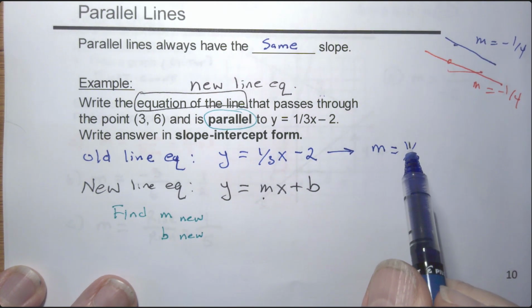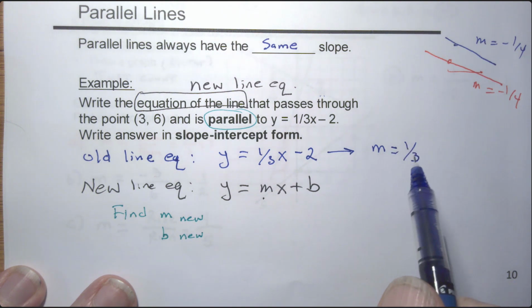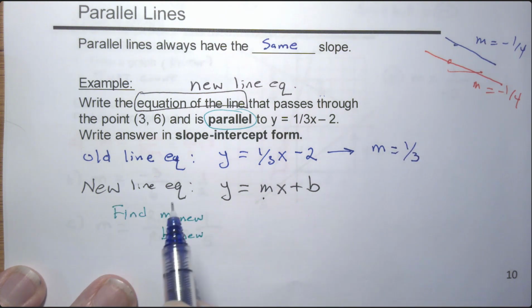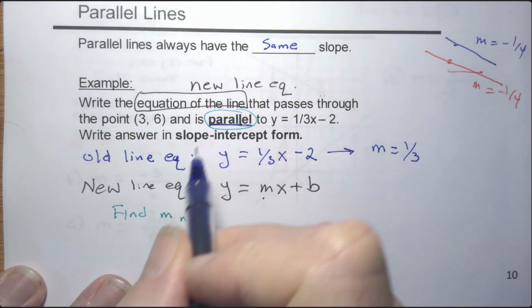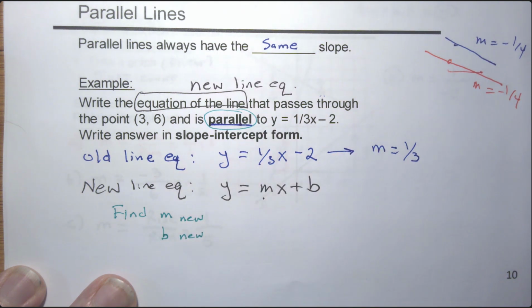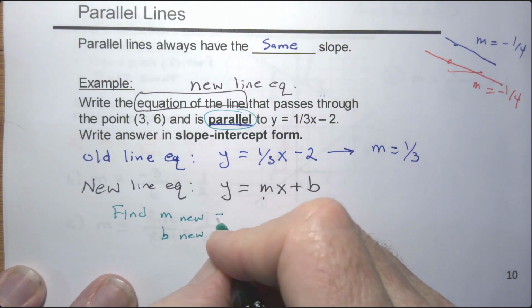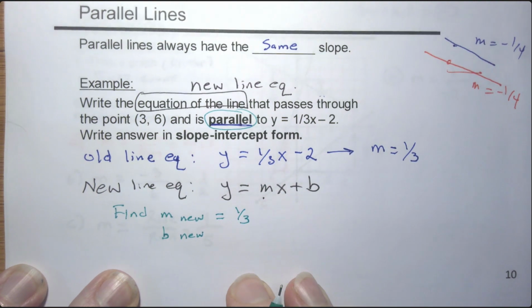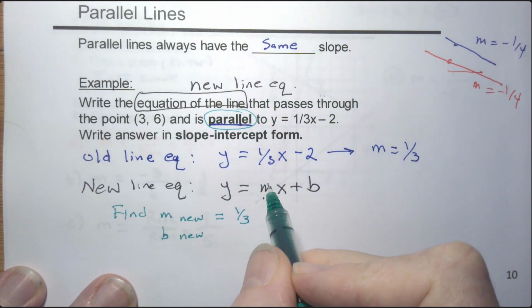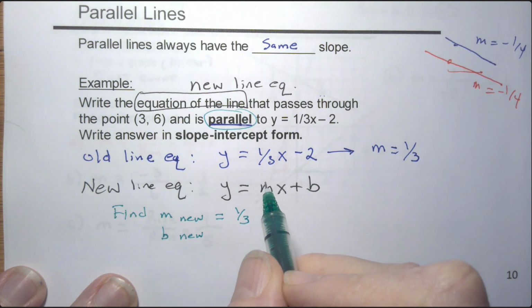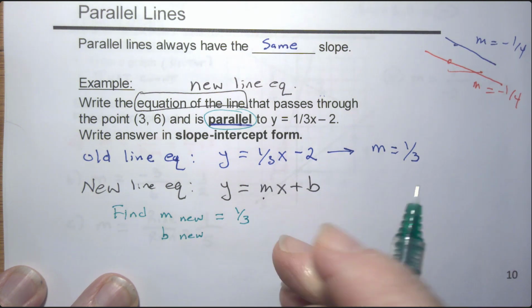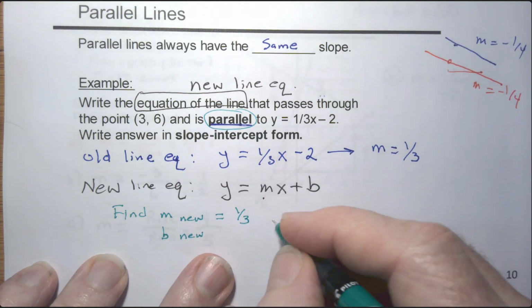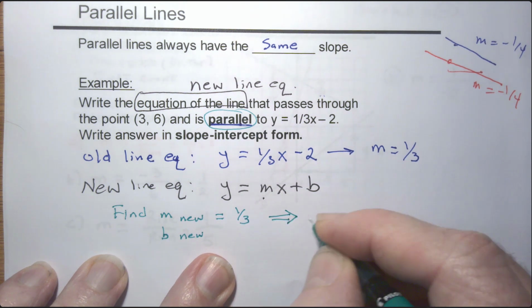So if that's the slope of the old line, and the new line is parallel, then the slope of the new line has to be the same. Okay, so we just figured out the slope of the new line.